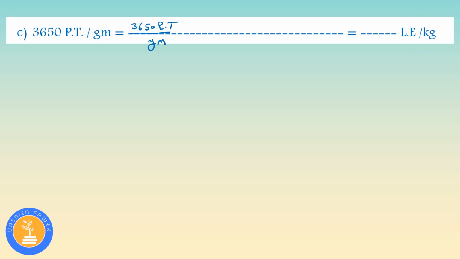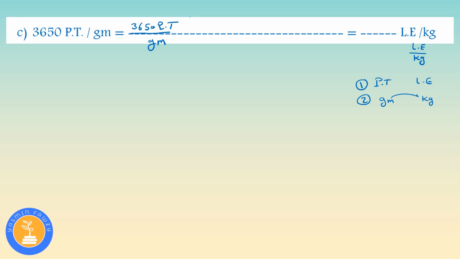Okay, here I want to find the answer in LE per kilogram. Okay, so up, I will convert it to LE. So I want one conversion factor between PT, piasters, and LE. I have another one, yes, gram to kilogram. So I want to convert gram to kilogram.